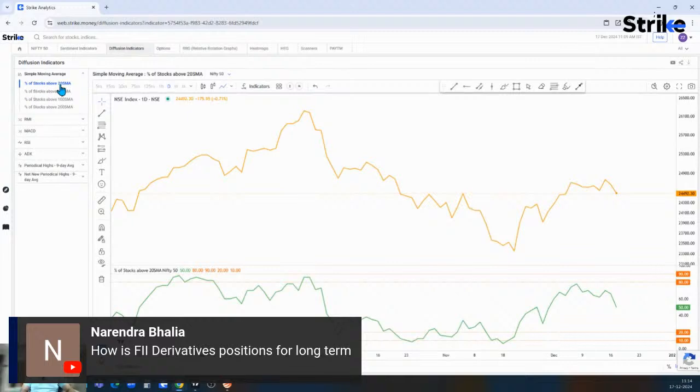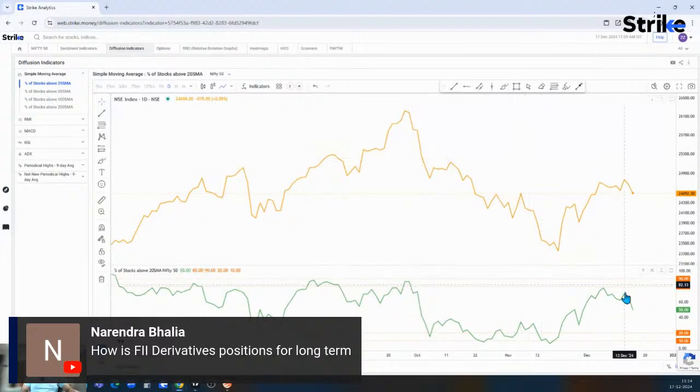Over here, what we can see is the percentage of stocks above 20 SMA, which is a short term view. This indicator is also suggesting some bearishness. Many stocks have started going below.